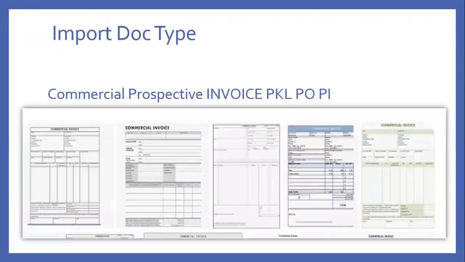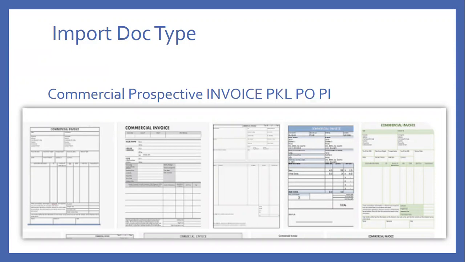So guys, in this session we have understood the commercial perspective documents, which are the commercial invoice, packing list, proforma invoice, and purchase order. These documents are prepared in order. First we prepare the proforma invoice, then the importer prepares the purchase order. The proforma invoice is prepared by the exporter and the purchase order by the importer.